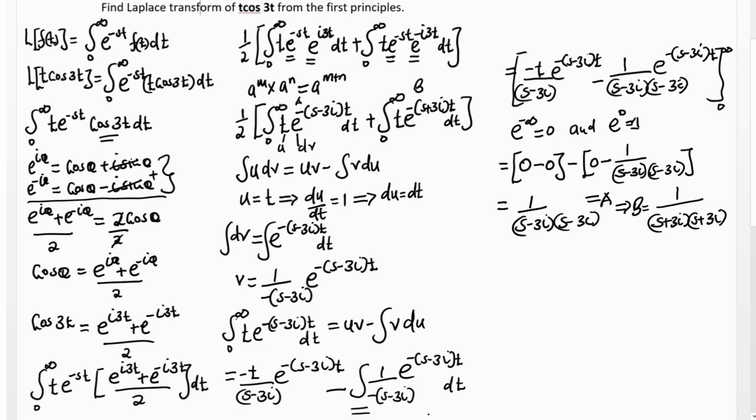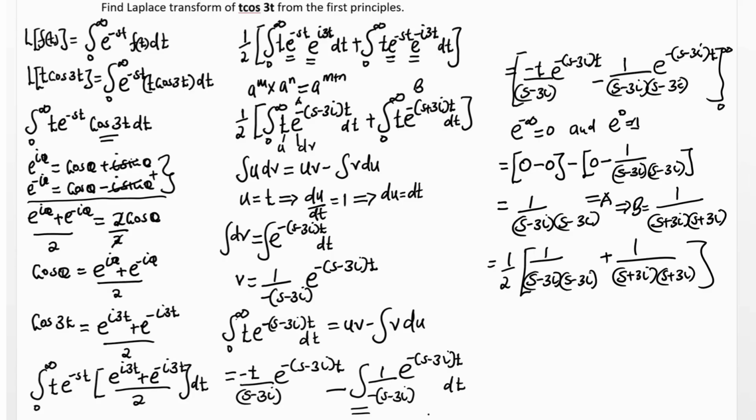We now need to combine the two equations, that is part A and part B. So it's a half into 1 all over s minus 3i into s minus 3i, plus part B, which is given by 1 over s plus 3i into s plus 3i. The LCM of the equation is the product of the two.